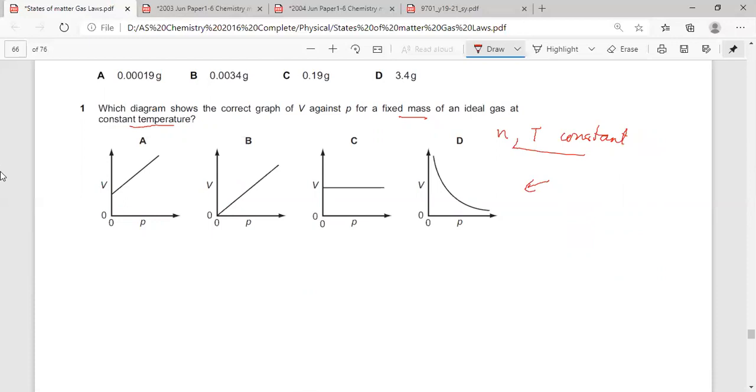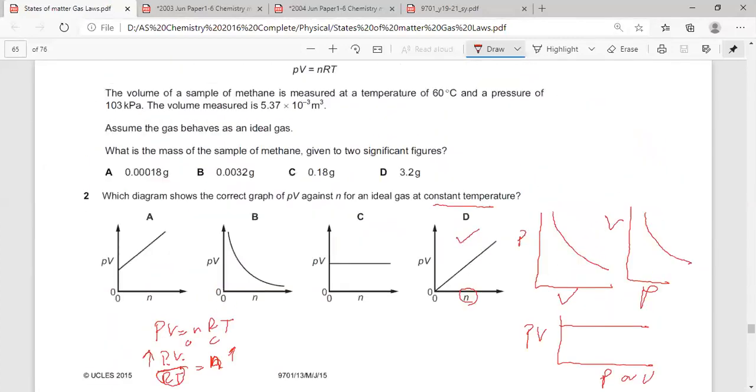Now let's go back to Boyle's law, so you can see how this will affect your graph. One more graph is of course density. Let's go to density first.